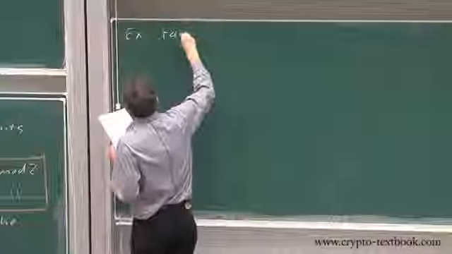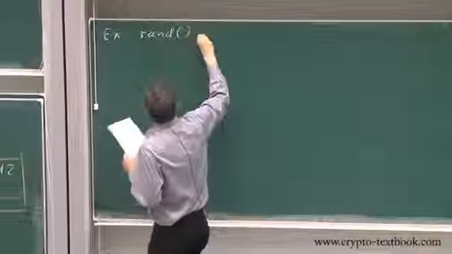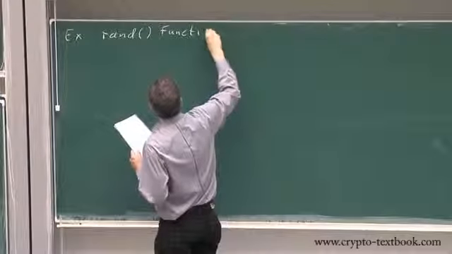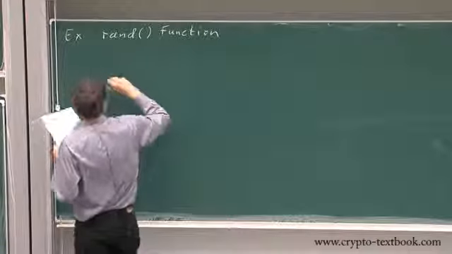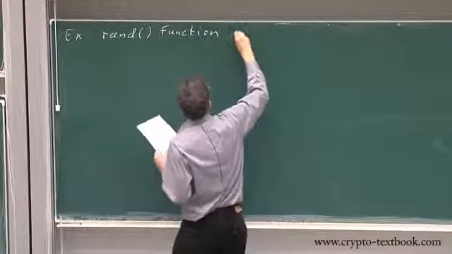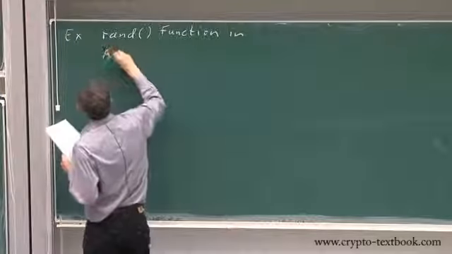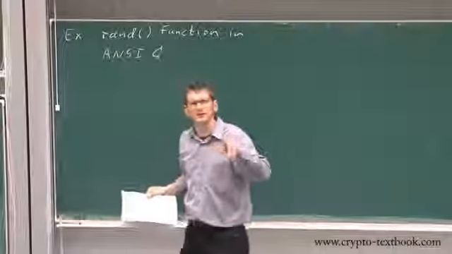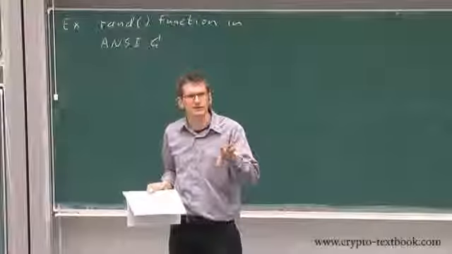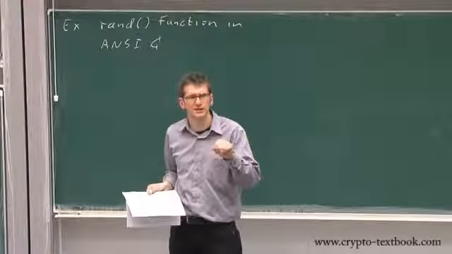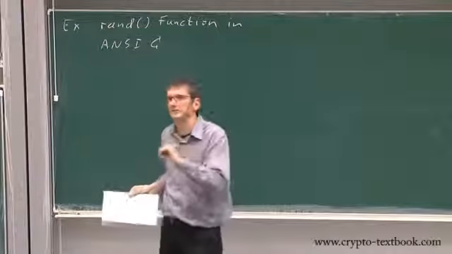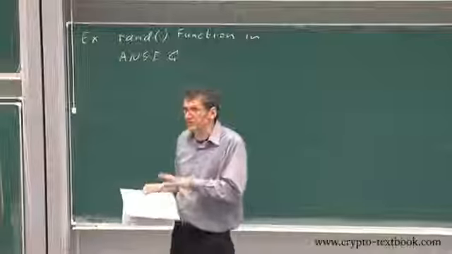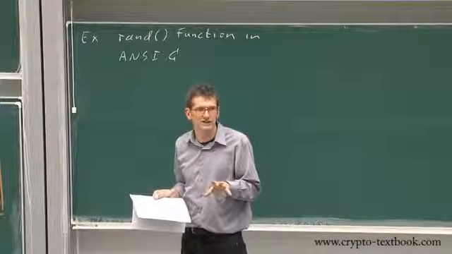Example. The rand function in ANSI C. Okay, can I ask, do you already have the C lectures? You're already learning C, the programming language C? No, next semester. Okay, you will learn C. You're learning Java right now, is that right?